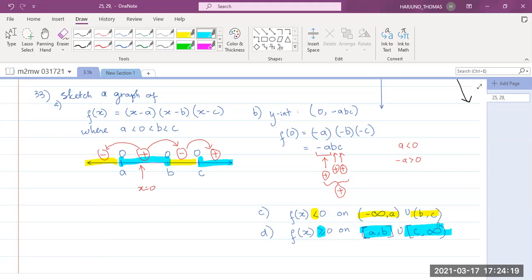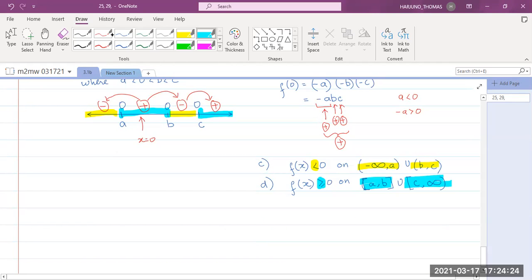Okay, now using that sign graph that we already have in part A, we can sketch the graph, which is what they want us to do. The x-intercepts are (a, 0), (b, 0), (c, 0), and the y-intercept is (0, negative abc).